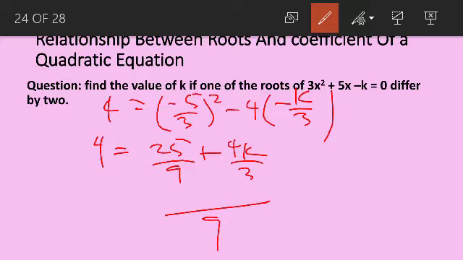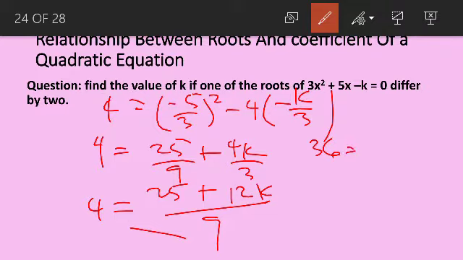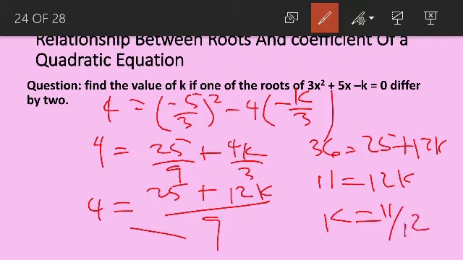The LCM here is 9. We have 25 plus, this is going to give us 12k. So if we cross multiply, 4 equal to this, we cross multiply is going to give us 36. So 36 equal to 25 plus 12k. If we collect like terms, this is going to be 11 equal to 12k. So that means k is equal to 11 over 12.